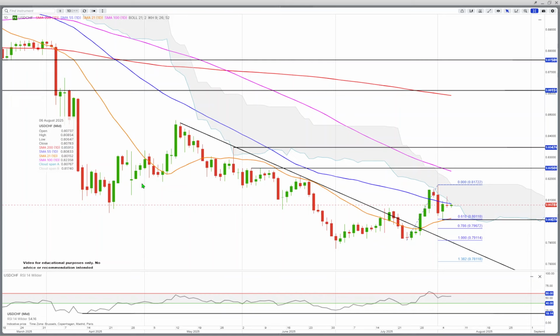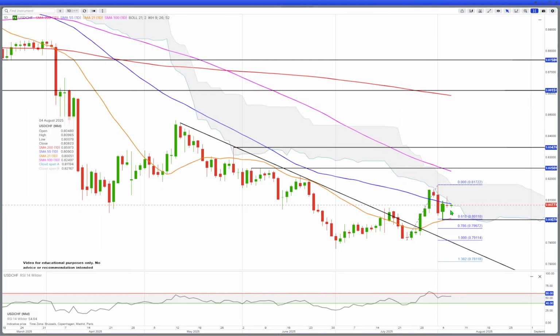EuroSwiss is trading sideways here in a correction phase, positive sentiment indicating likely a push up to around 82.50 maybe. But if it takes out the 80 level down here, then I think the downtrend could resume, and it's still below the 55 moving average. We have the 100 pushing lower, so let's see how far that correction could move.